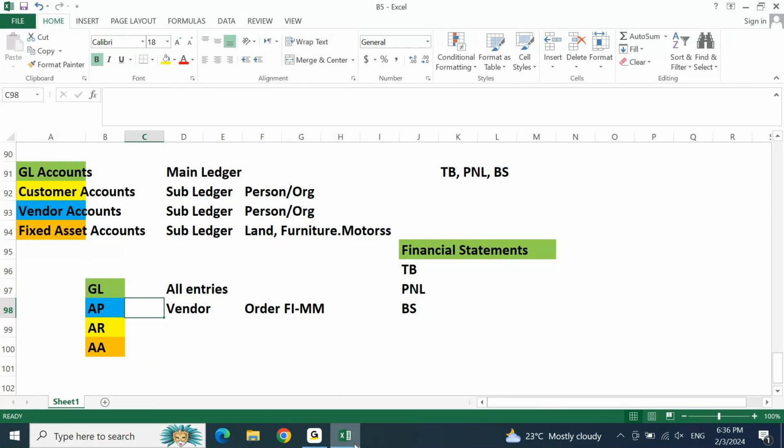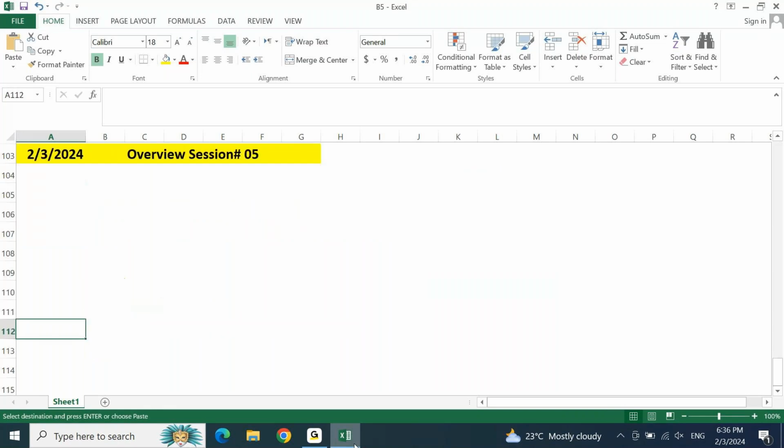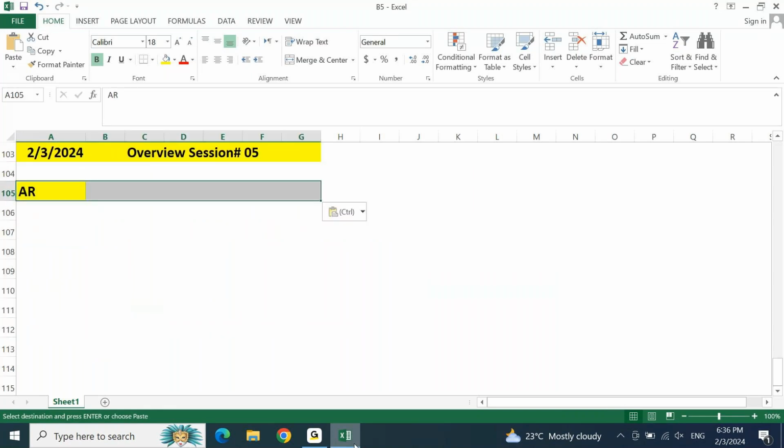Now let us try to understand customers. Anything that you talk about regarding a customer, you are going to talk about the accounts receivable process in SAP, or in generic accounting also. Meaning, AR. In AR, you are going to talk about customers.